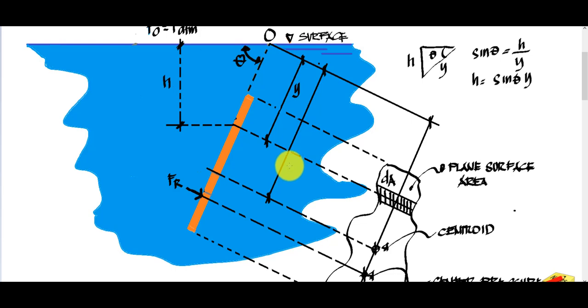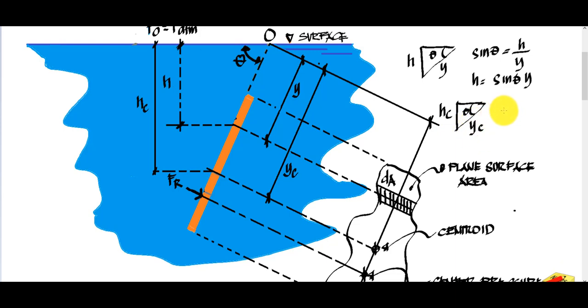So I'm going to write here the yc, and the corresponding distance of yc to the normal to the surface, so we have here your hc. Now to get the value of your yc, this again forms a right triangle, and then you have your theta here. So I have here your hc, and we have here your yc.